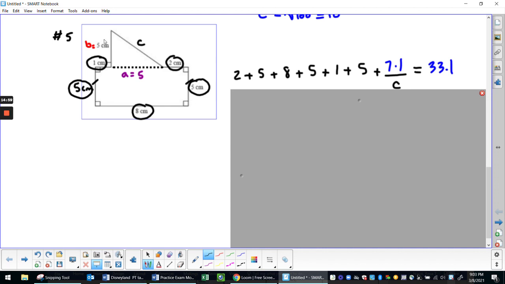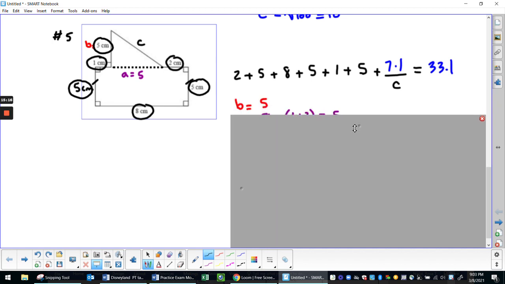So then 5 here, and we can see that this measurement is 5, that one leg was given to us. We didn't have the side A, which we're going to call A. And of course we didn't have the C, and we solved it later and got 7.1, but let's see how that worked. So we know that this side length is 5, which was B, right?